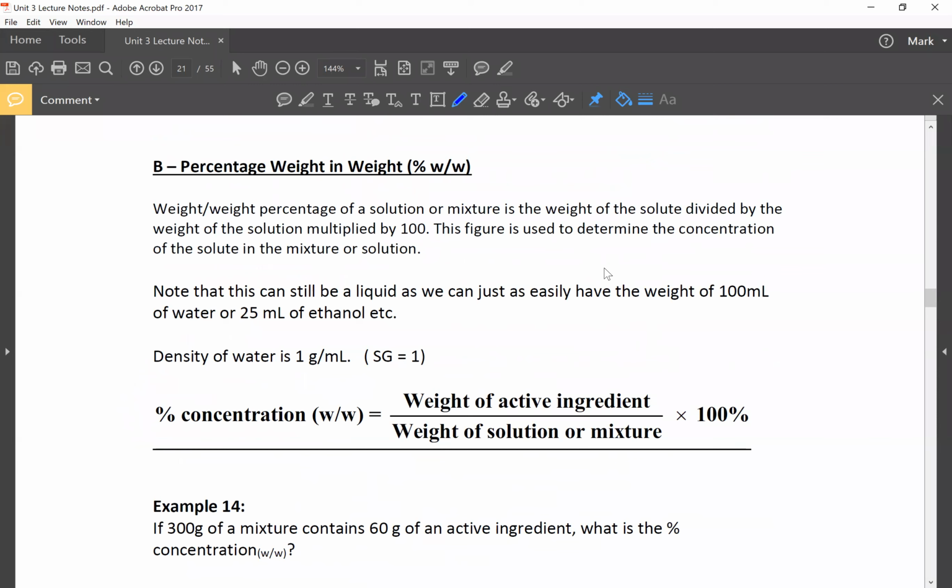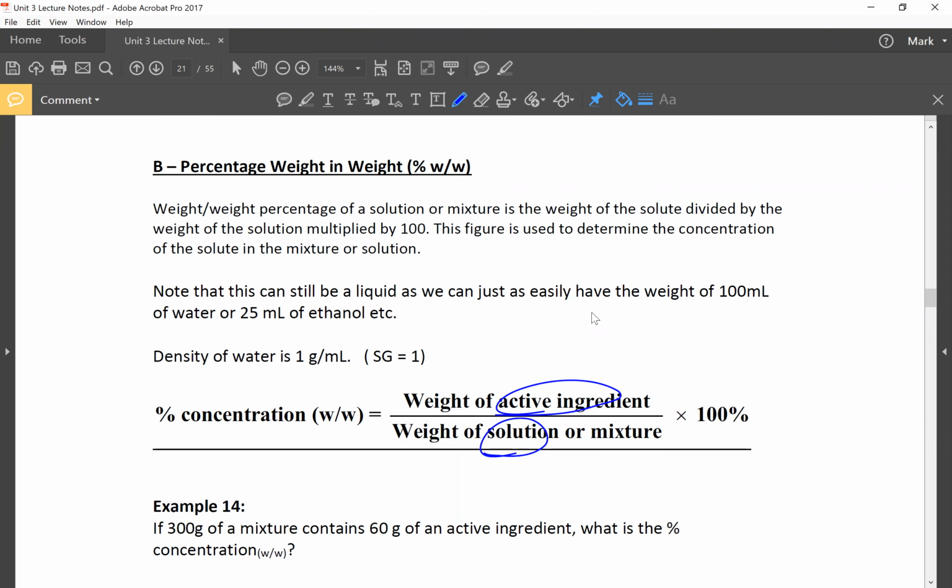Okay. So what if the percentage is given in weight? Weight to weight percentage is a mixture of the weight of the solute divided by the weight of the solution. Same thing, no different. Okay, anyways, if you have a question, let me know.